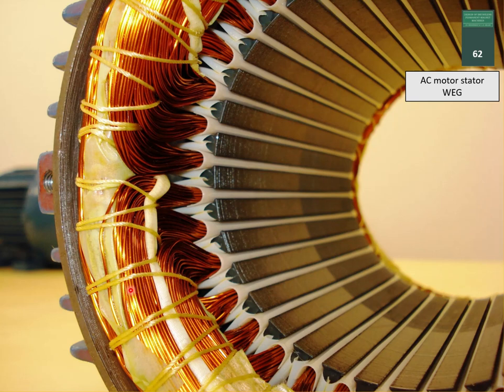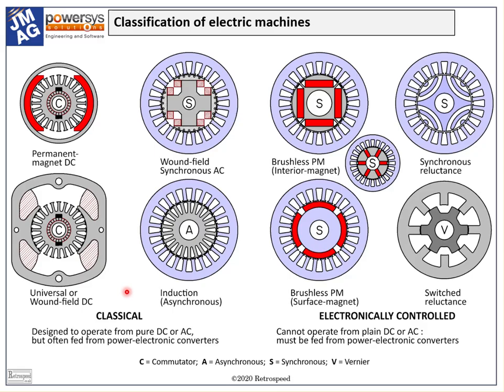For our purposes here, what we need to register is that this AC motor stator is absolutely the foundation stone of the entire family of AC drives, the blue ones in the overview slide.